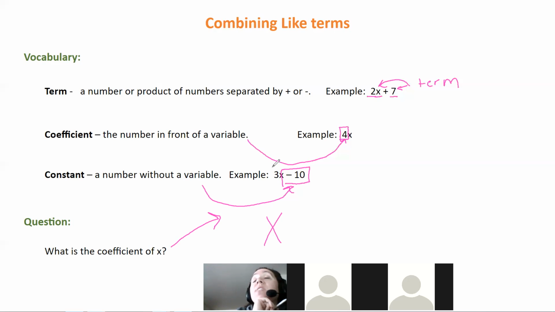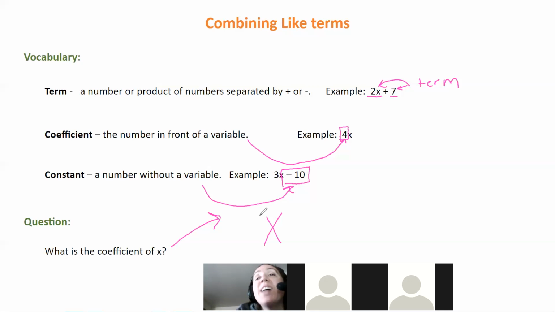How many x's are there? What number's in front of that x, even if I don't see it? It's a very skinny number. Starts with O. Rhymes with none. What do you guys think? 1. Yeah, very good.